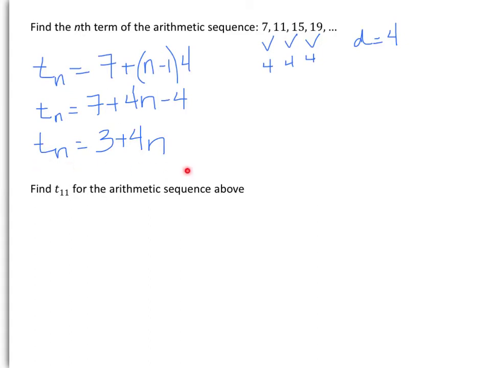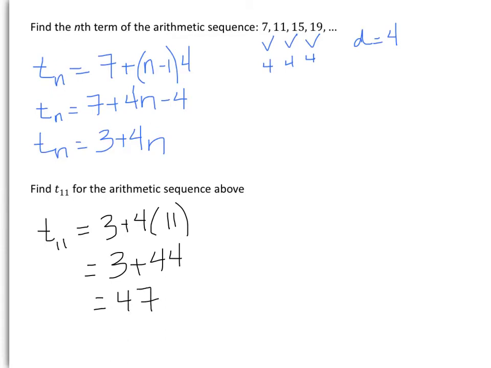So let's look for T sub 11. Well, I'll take my equation, so the 11th term in this sequence is 47. Hopefully you've noticed that this is a linear equation, because that will become very important as we progress.